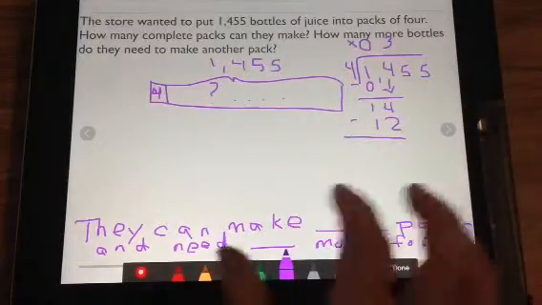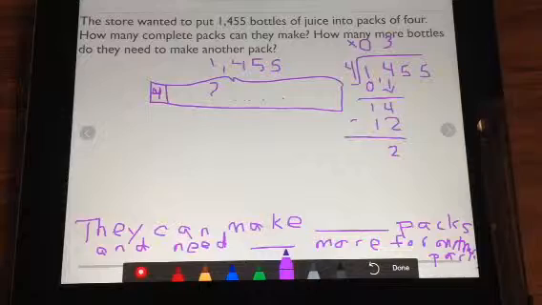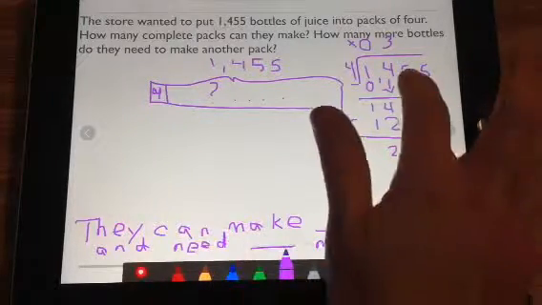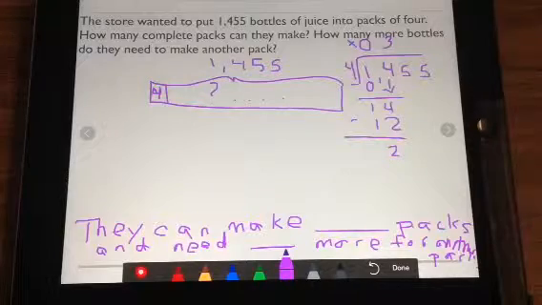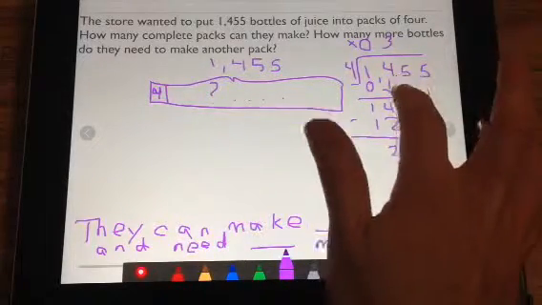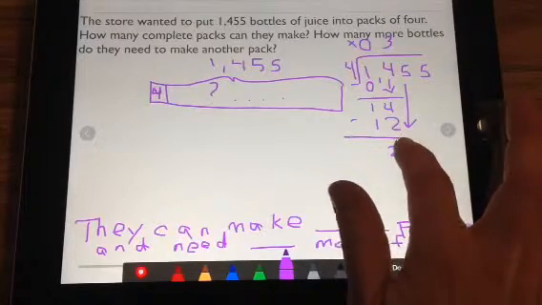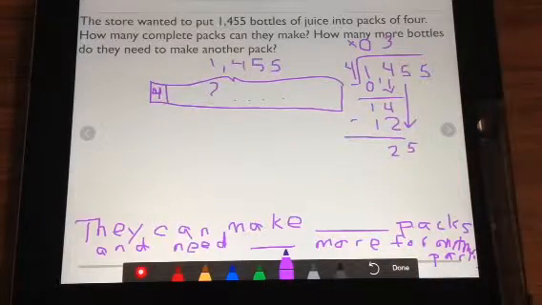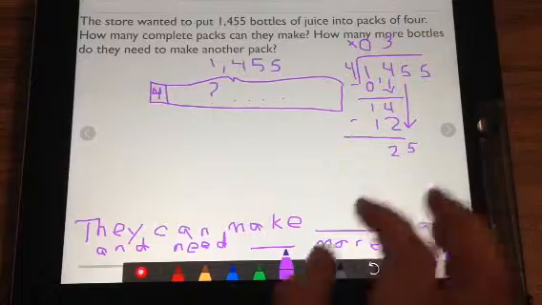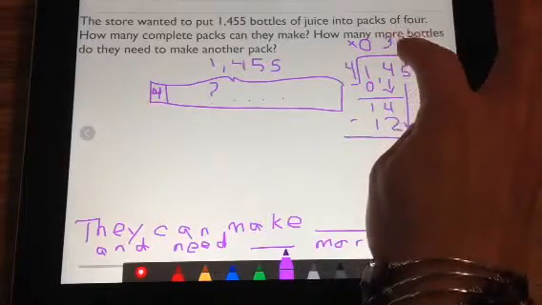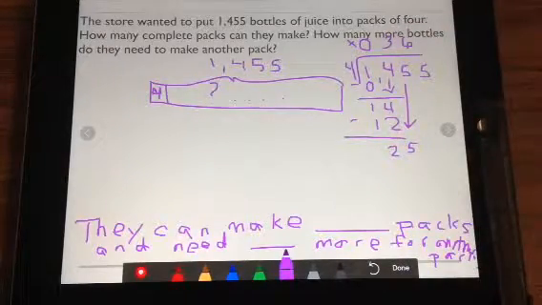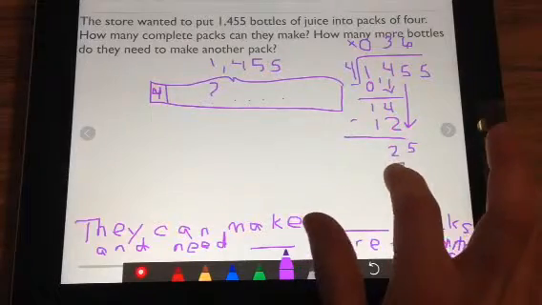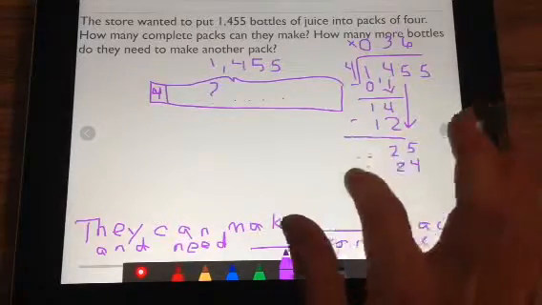How many hundreds did I get rid of? I got rid of 12, so I have 2 left. And I have to unbundle that because I still have more numbers. So 2 hundreds is how many tens? Right, 20. So I add that to my original 5 tens, and I have 25 tens. And I know that 25 into 4 groups is about 6 times, because 6 times 4 is 24.